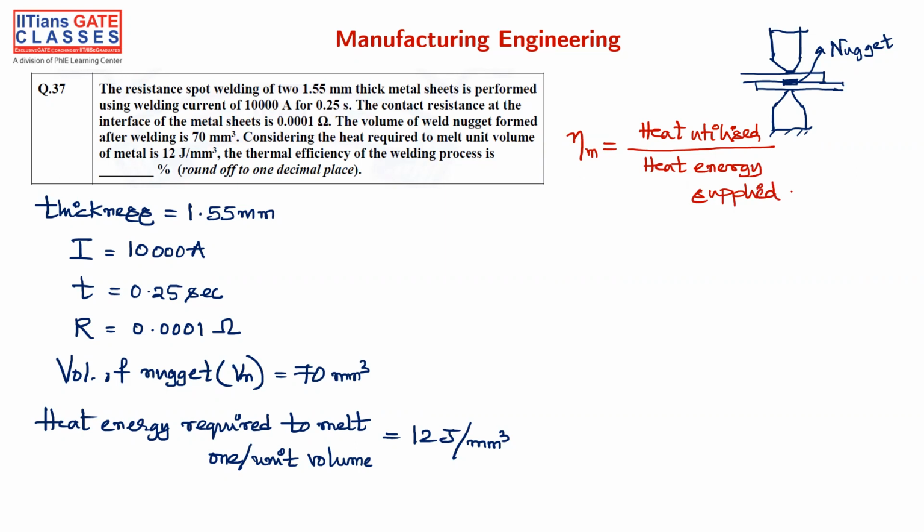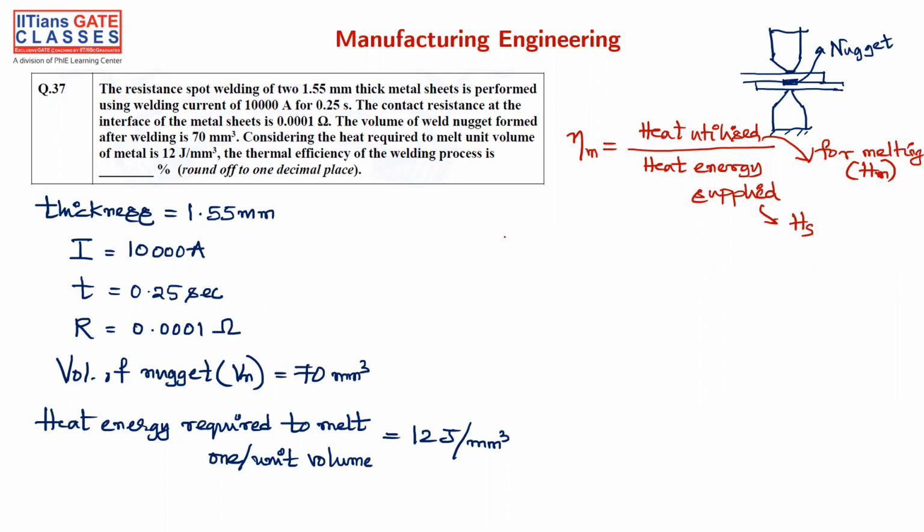Okay, fine. So we have to find this. First we have to find what is the heat utilized. The heat utilized is for melting, right? Let's denote that as HM, heat melting, and this as HS, heat supplied.